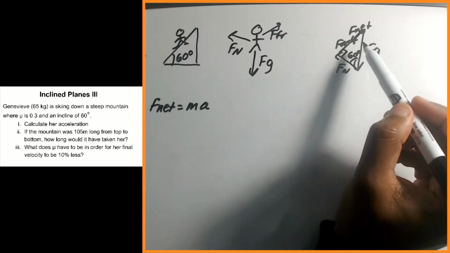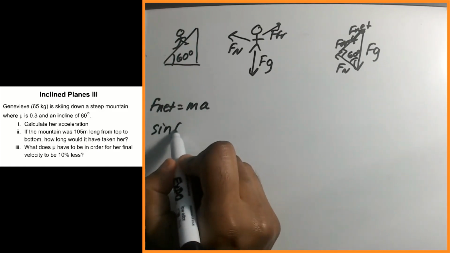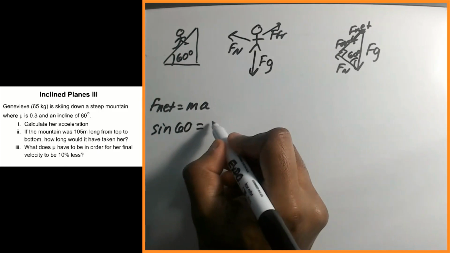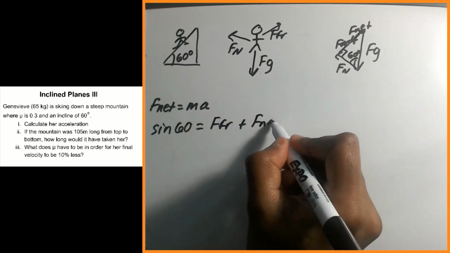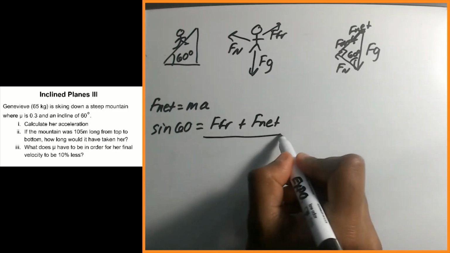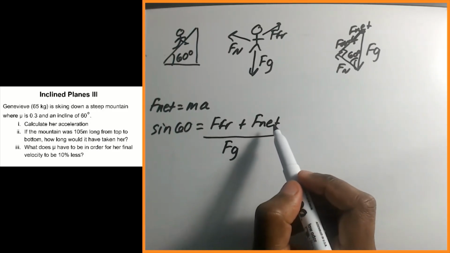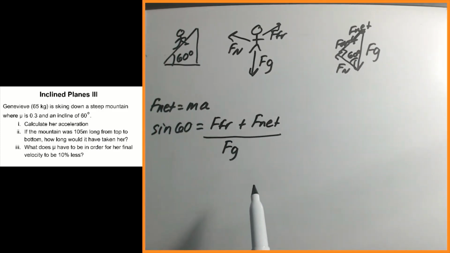So we can write sine of 60 is equal to this side over here, which is F friction plus F net, all over Fg. So we can solve for F net first, and then grab the acceleration from there.